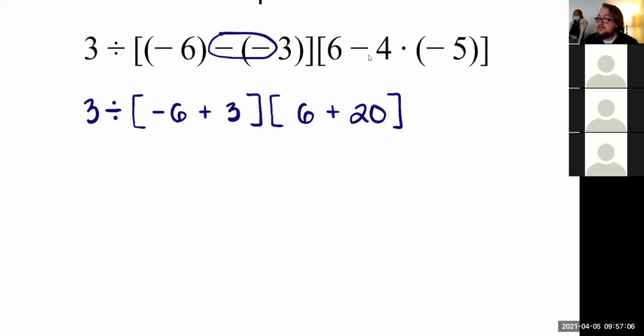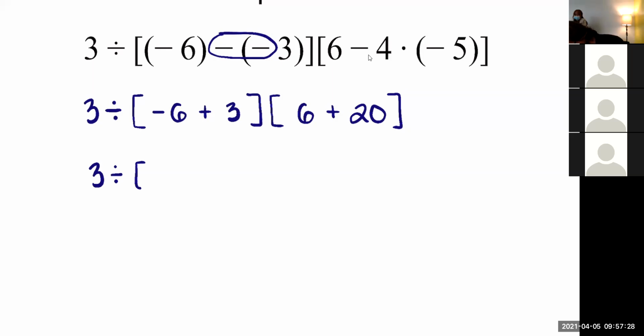Then it sets us up really nicely to move on to our second step. Am I ready to touch that 3 and that division sign yet? No. I assume you said negative in the sense that that's a no. So we still have some work that can be done inside these brackets, which behave a lot like parentheses.